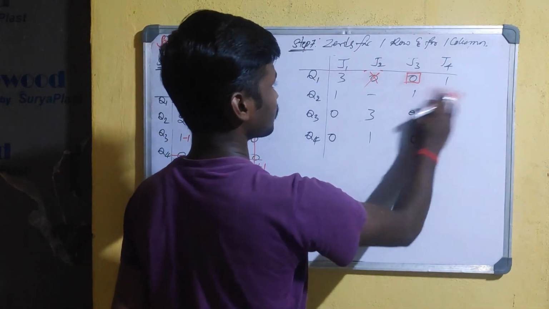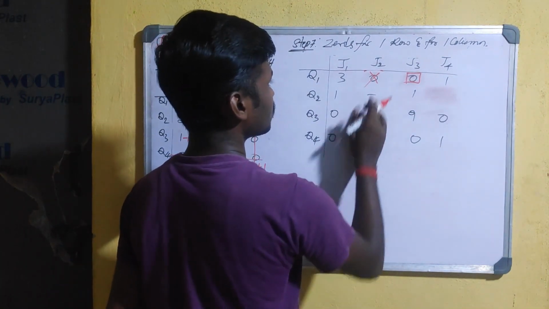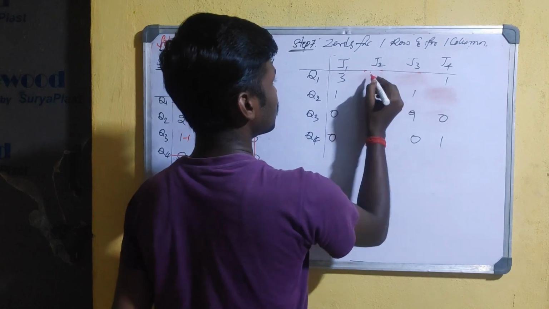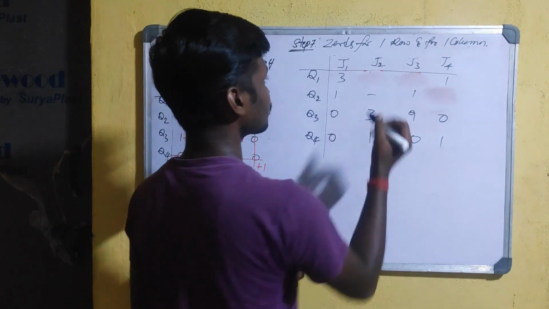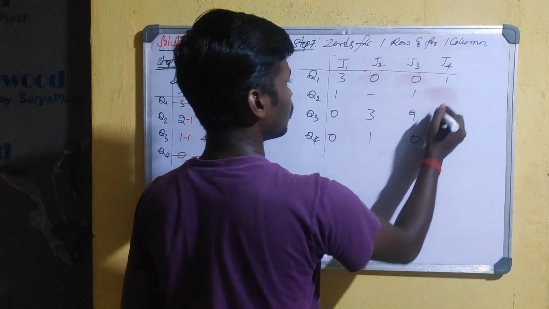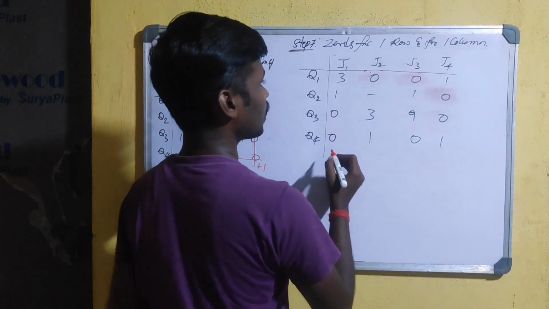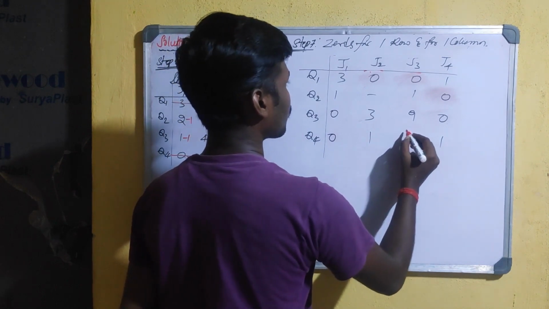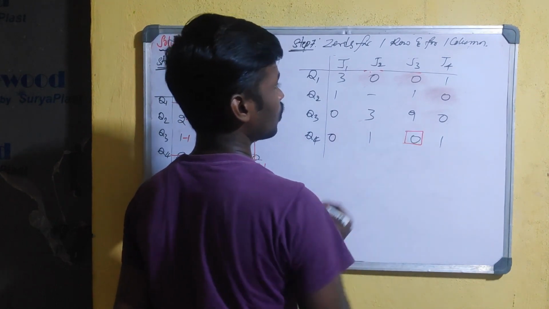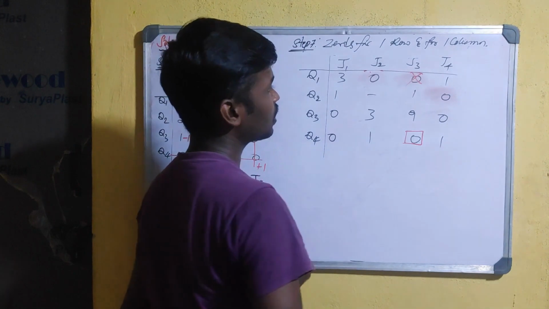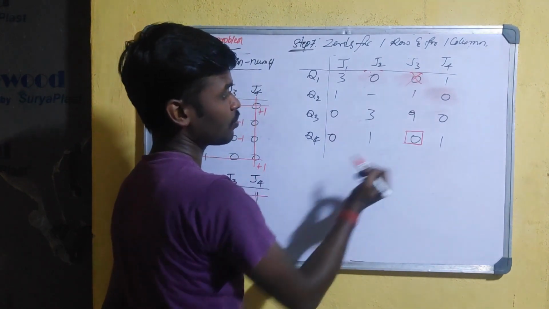Okay, see, 0 0 0. Okay, see, I am going to select this 0. Next, it is not possible to select again this 0 in the same column.